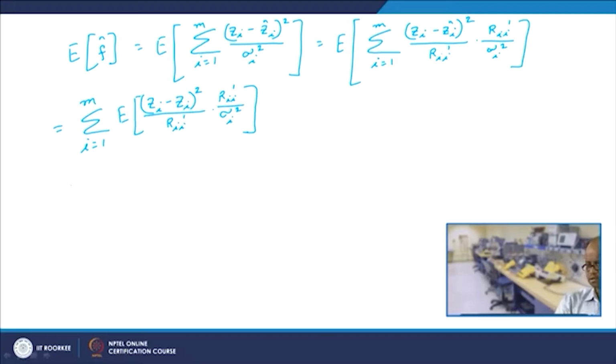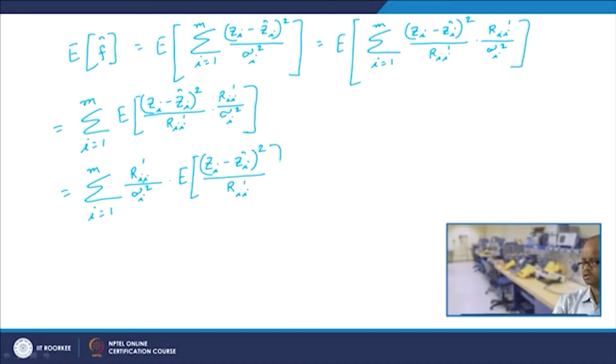Now, this is something into this, so I can take it out. So, I can write it as the summation i equal to 1 to m of (R i dash by sigma i) whole square into the expected value of (z i minus z i hat) square by R i dash.